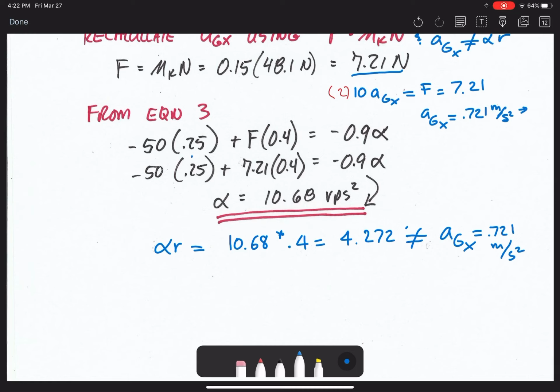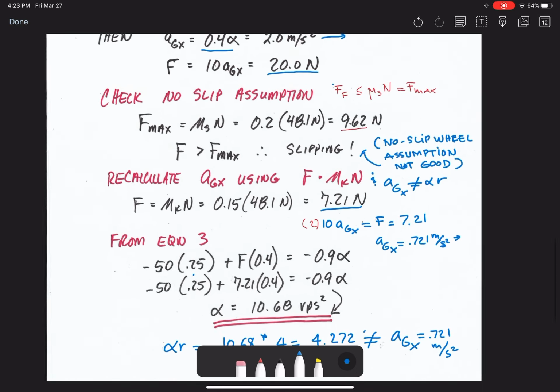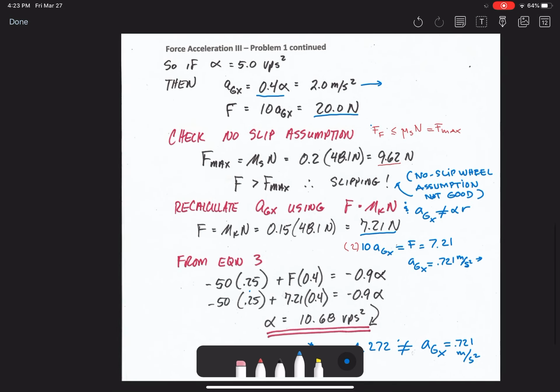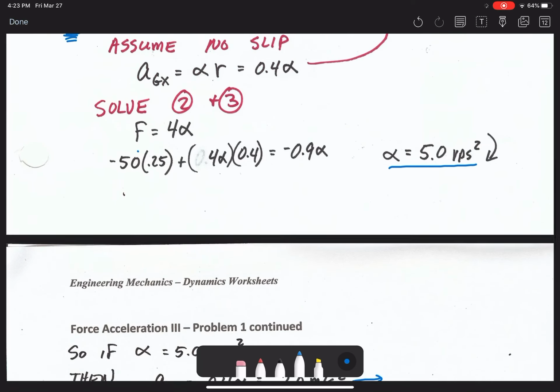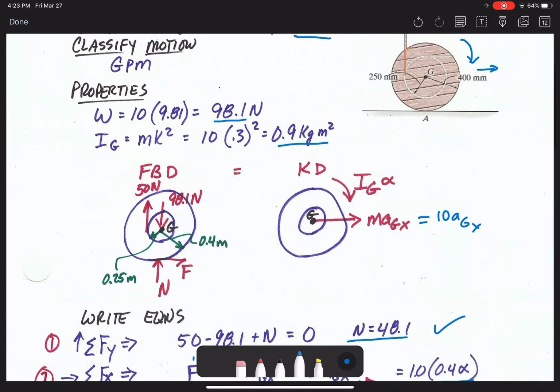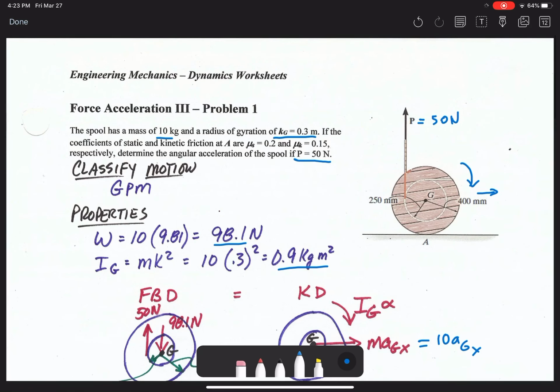When it is equal, it means that the wheel is no slip. But in this case, the wheel slips, as you can see there. So keep that in mind. And this problem is somewhat similar to problem 4 in force acceleration 1. With that, we are done with the highlight of the solution of problem 1, force acceleration 3.